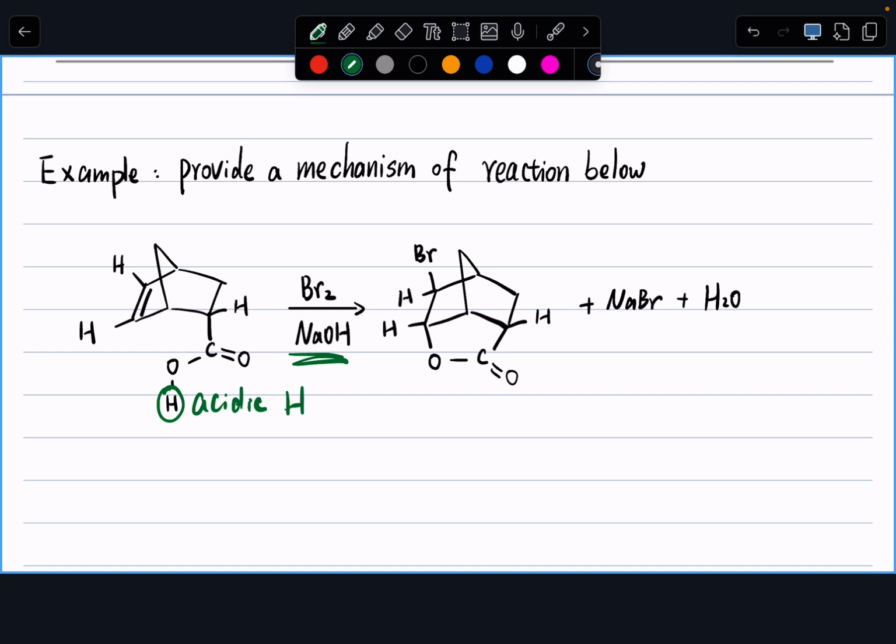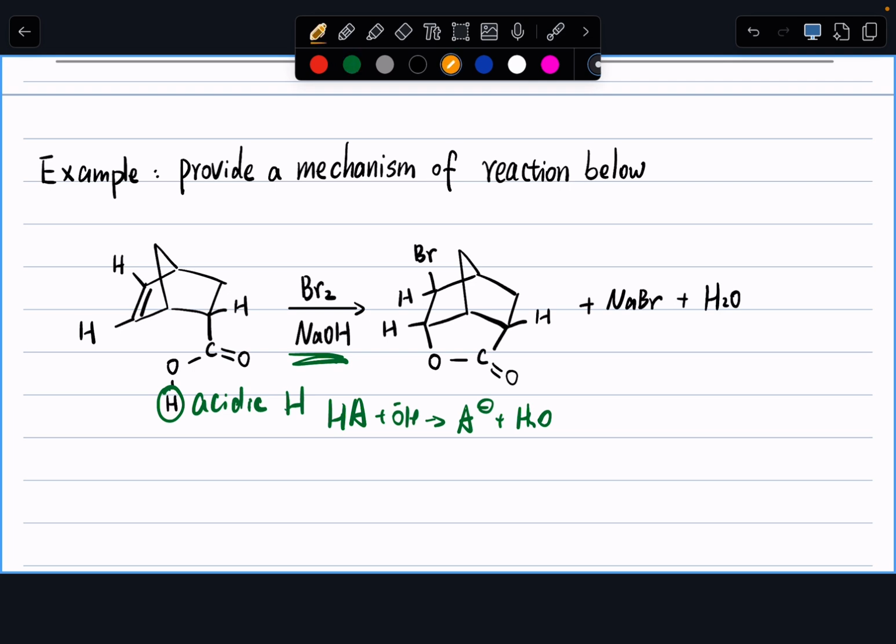So this is a hint that at least a Bronsted acid-base reaction is taking place. So we have HA reacting with OH minus to give you A minus plus H2O. By simply observing the structure of my starting material, we see we have an acidic hydrogen that's going to react with the NaOH in my reaction mixture.